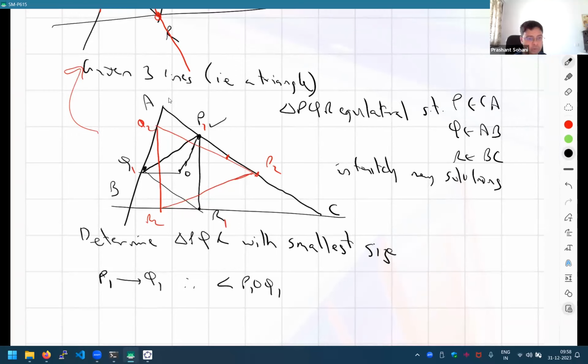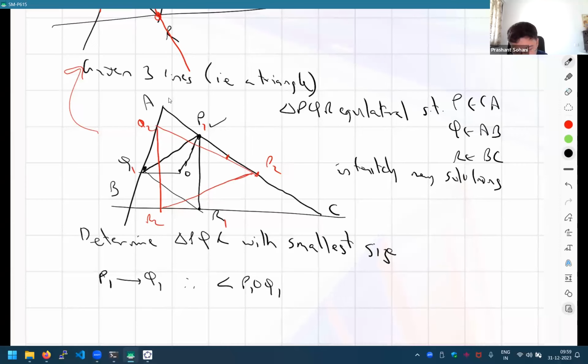Whatever rotation we want to do to take one triangle into the other triangle. Sorry, what am I saying?